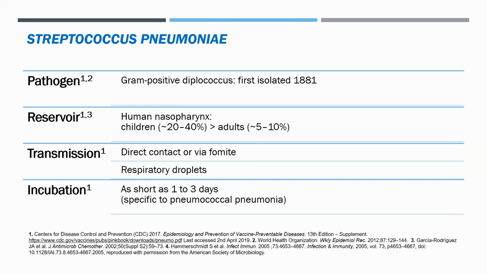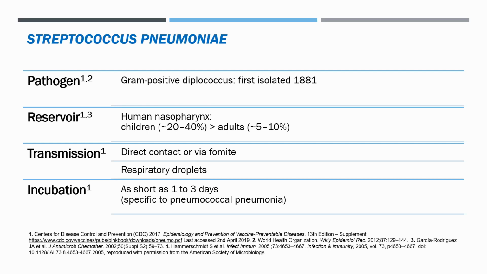The reservoir: this bacteria normally stays in our nasopharynx. Children are the most important carriers. After birth, within a few months, most children's nasopharynx will be colonized by Strep pneumoniae, and this will continue until they reach adolescence, and the colonization will reduce as they get older.